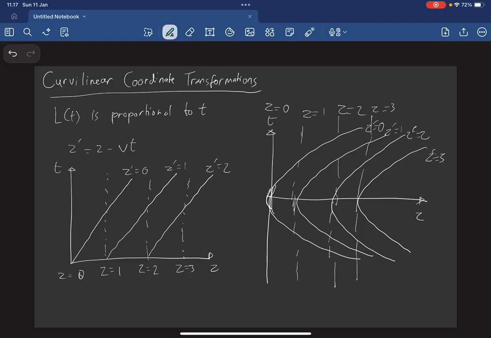Every point in space-time has two pairs of coordinates, Z, T or Z prime, T prime.